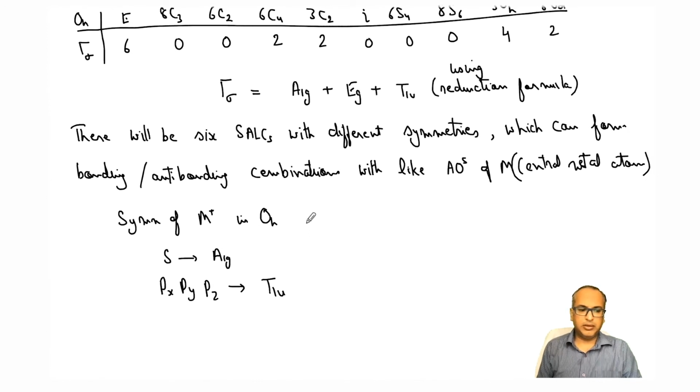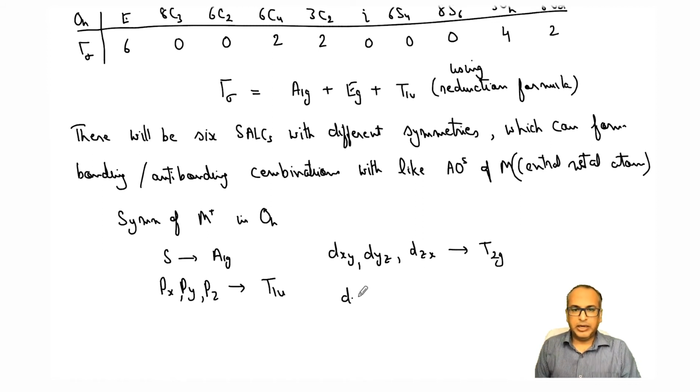And then dxy, dyz, dzx will match with T2g. There is no corresponding T2g SALC, so these will remain non-bonding. Then dz square and dx square minus y square will transform as Eg. So this will also form bonding and anti-bonding. All right, so let's go to the next.